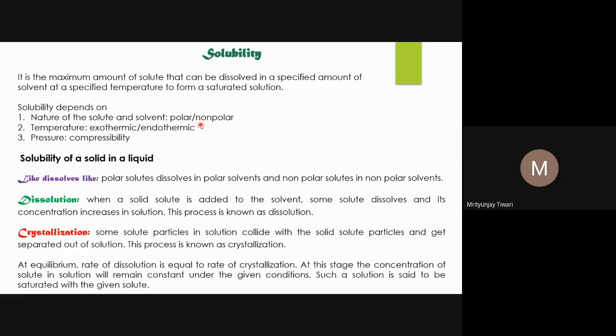We have studied exothermic and endothermic processes in thermodynamics. Exothermic means if during a process, whether physical or chemical, heat is evolved, then the process is exothermic. And if heat is absorbed from the surroundings during a process, whether physical or chemical, then this process is called an endothermic process.